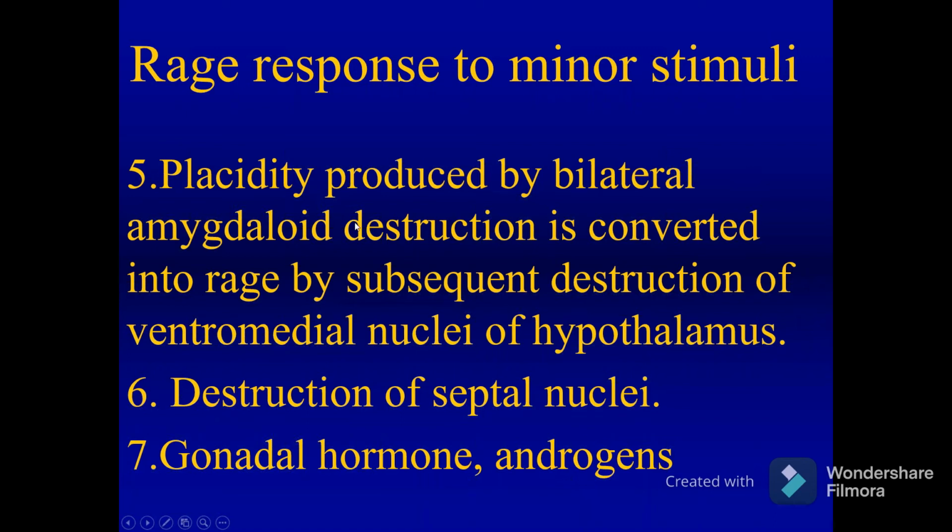You will also be surprised to know that placidity produced by bilateral amygdaloid destruction is converted into rage by subsequent destruction of the ventromedial nuclei of the hypothalamus. So placidity can be converted into rage by destroying the ventromedial nucleus of the hypothalamus.